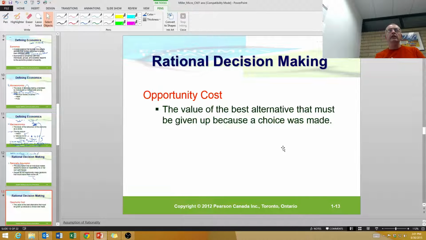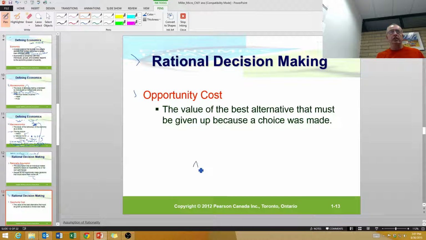Okay, so another key principle of economics, and we'll run into this all the time, is the concept of opportunity cost. Opportunity cost really means when we make a decision, we have options.